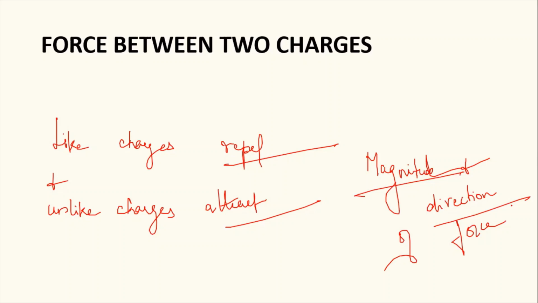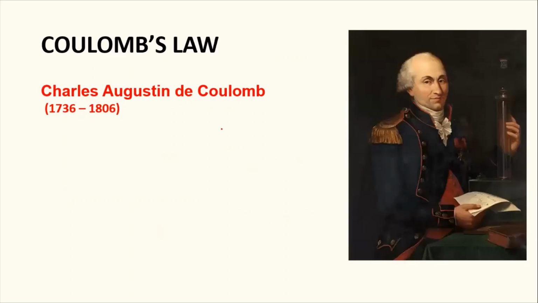So there were many experiments to calculate the force between two charges after the invention of charges. Finally, Charles Augustin de Coulomb came up with the law that helped us calculate the force between two charges, which is named Coulomb's law in his honor.